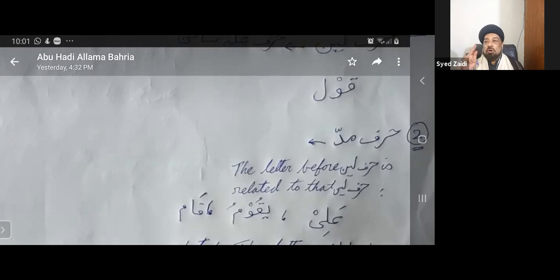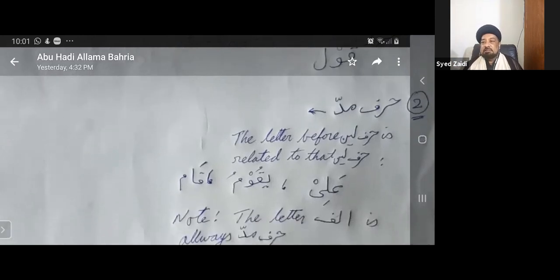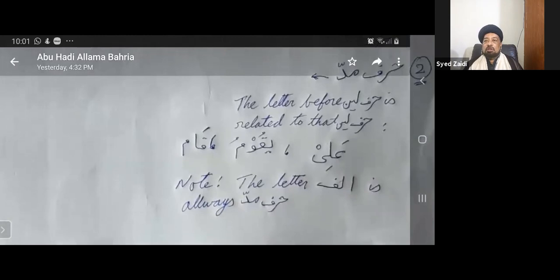So there are two conditions that must exist: the harf illa has to be silent, and the previous letter has to be related to that harf illa. If you find these two conditions in a word, then it is harf mad, like yaqumu or qama.